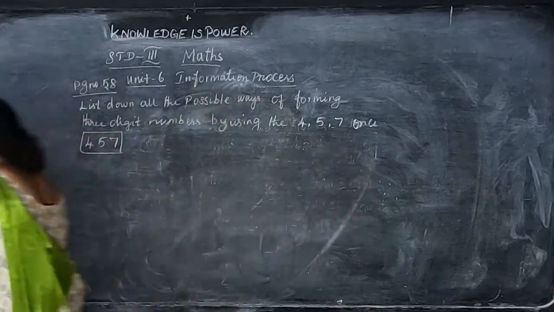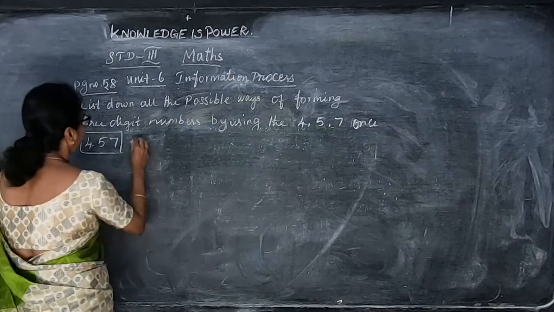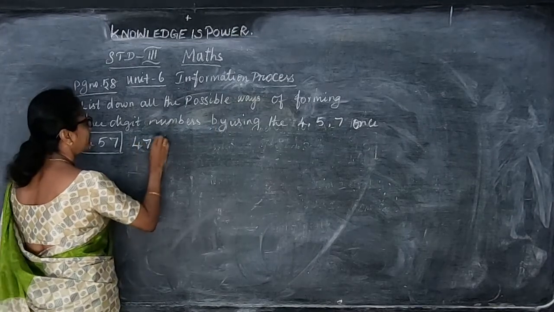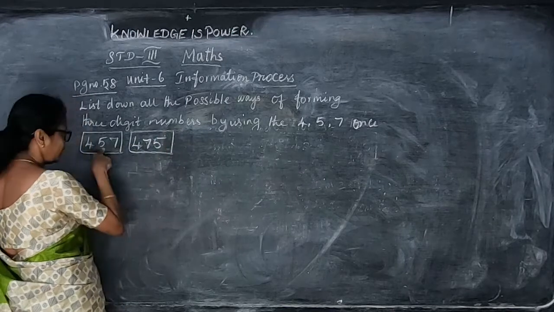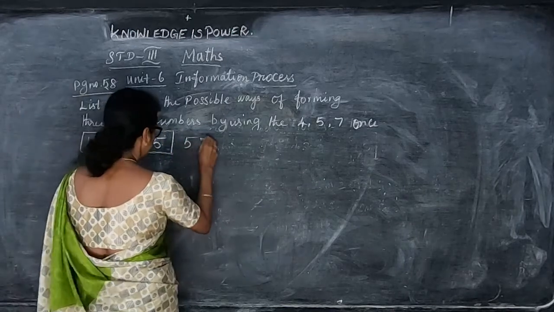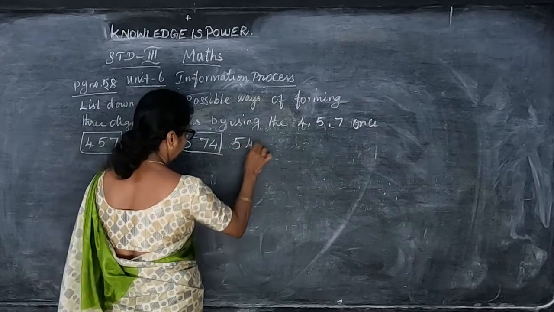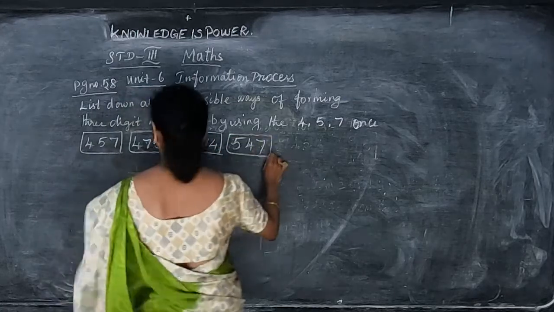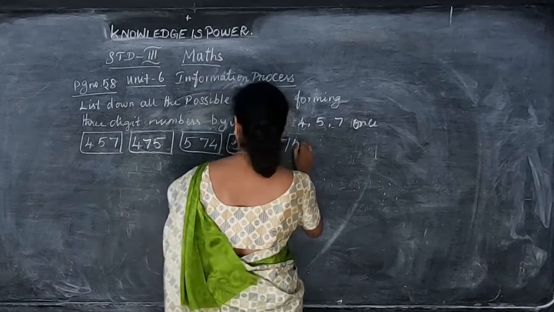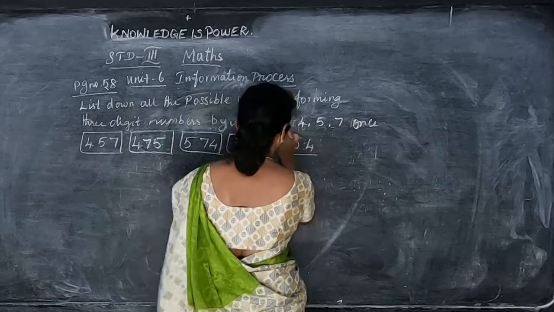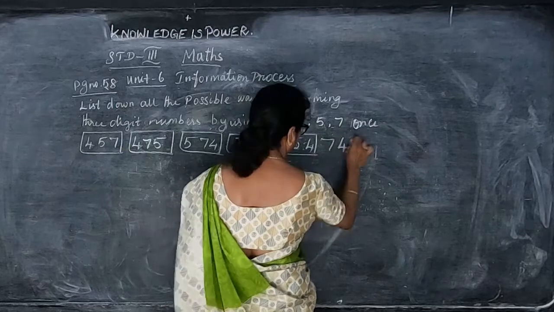Otherwise you can write like this also. You can take and write 457, again you take 475. Then you take the 5 number, 574. Then again 547. Then you can take 754, 745.